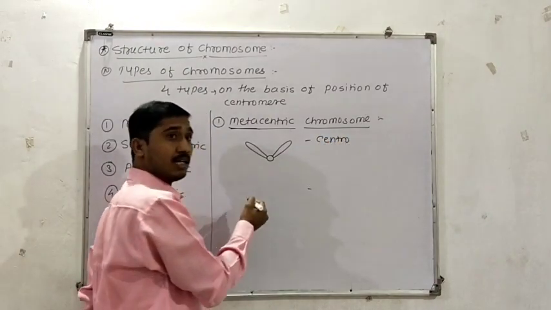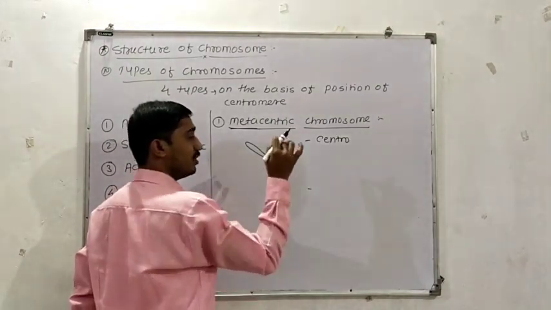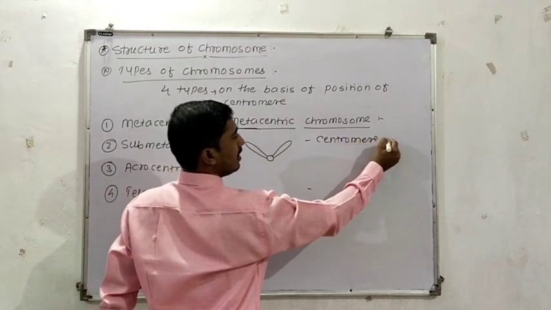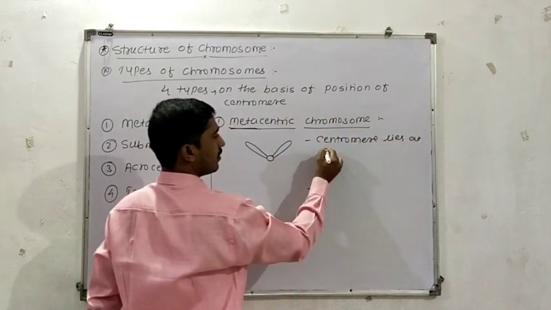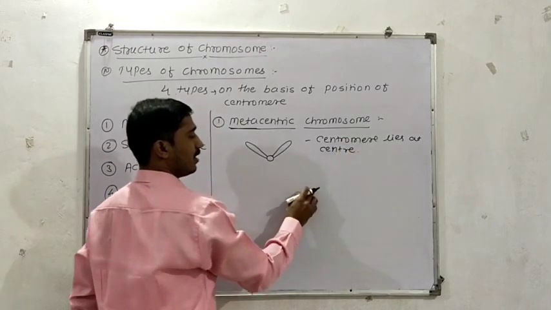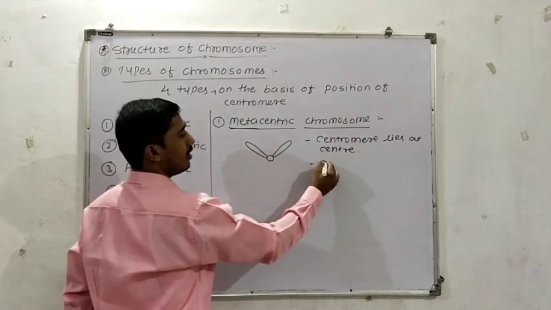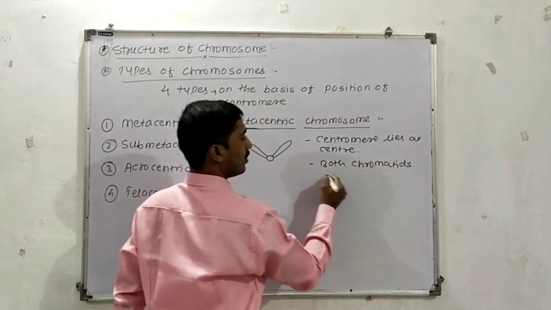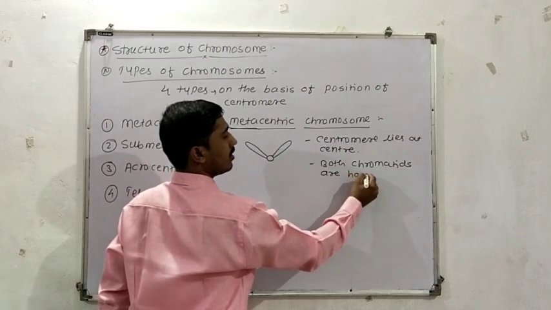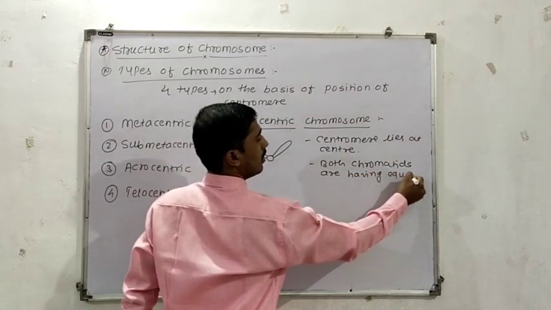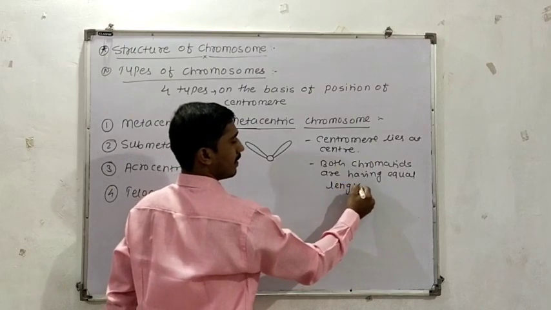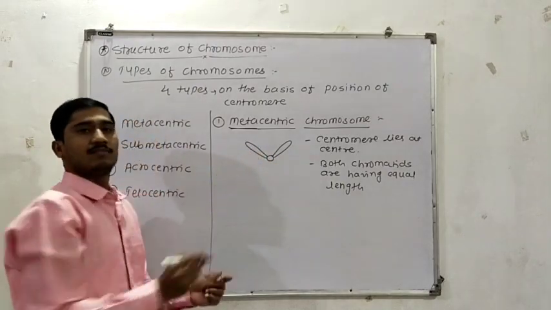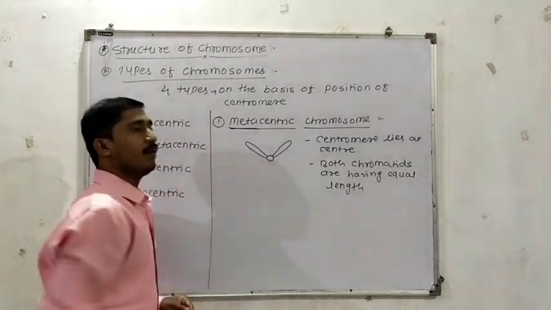Because we are seeing these types on the basis of position of centromere, it is very important to mention the position. So centromere lies at center and both the chromatids, or we can say arms, are having equal length. Both the arms are of equal length in case of metacentric chromosome.